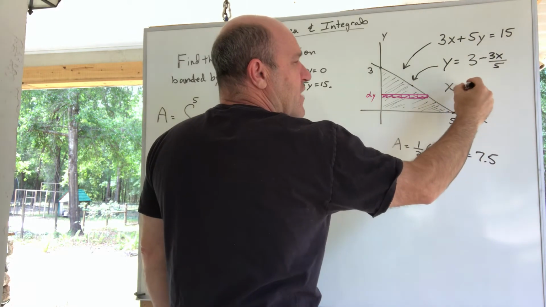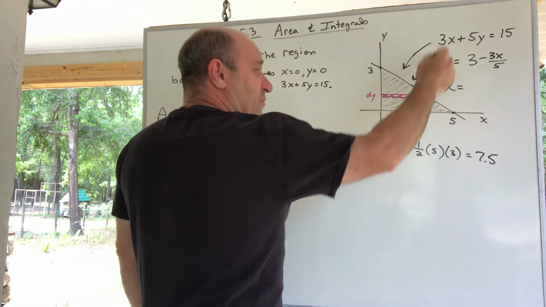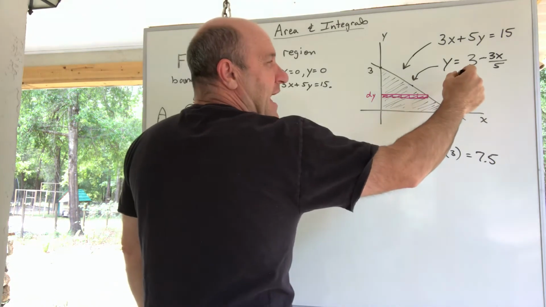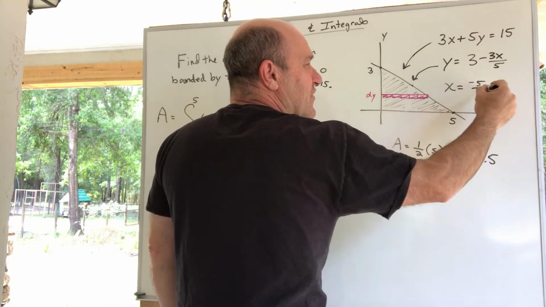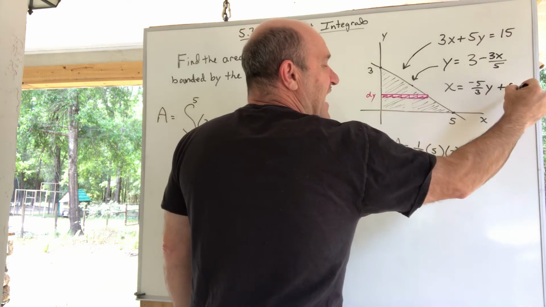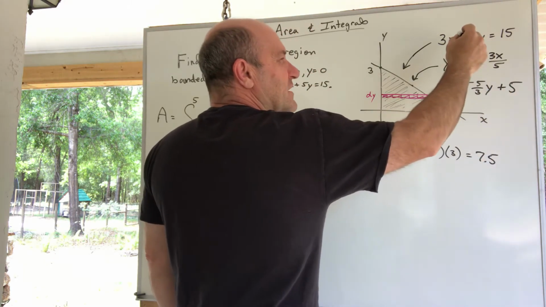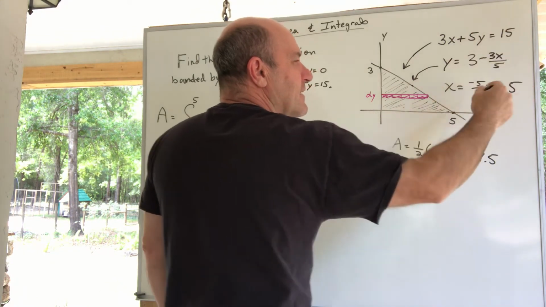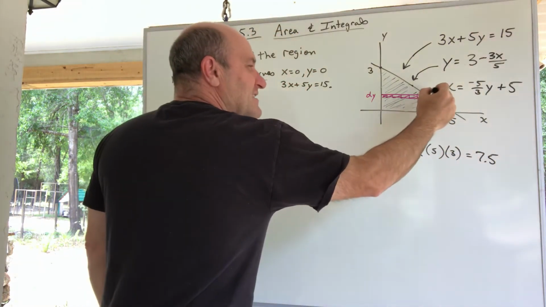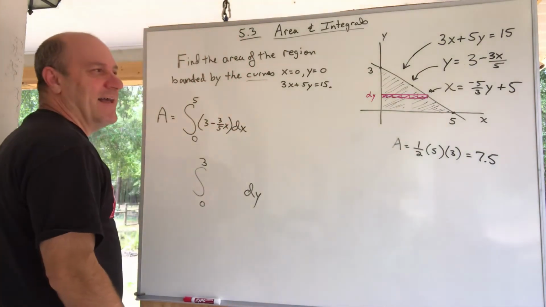If I solve for x, x is negative 5/3 y plus 5. I just solved, what did I do? Move the 5y over, divided by 3. Yeah, there it is. That's the name of that, x.